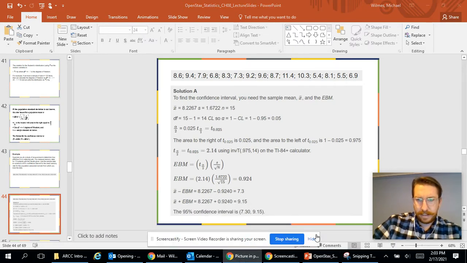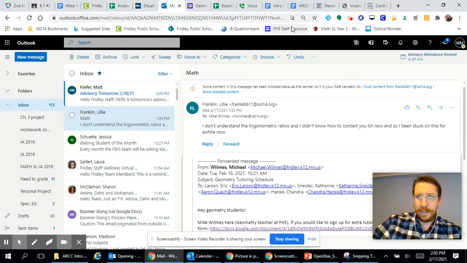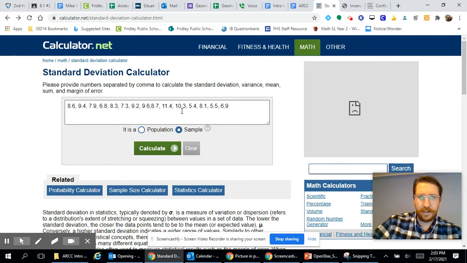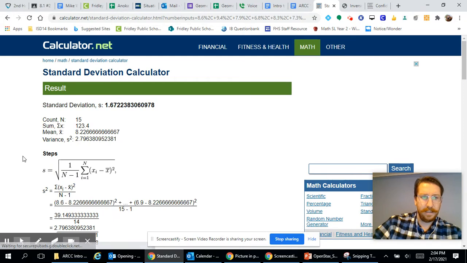Let me pull up my screen here. To calculate our average, you can use this average and standard deviation calculator. I typed in all my data with a comma between each one. And we can click on population or sample. This is a sample, so I click on calculate.